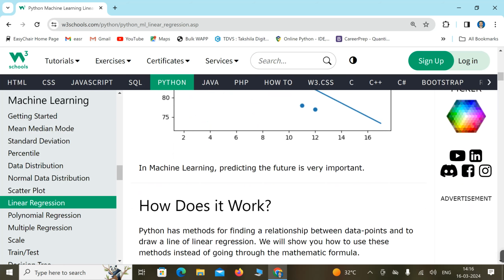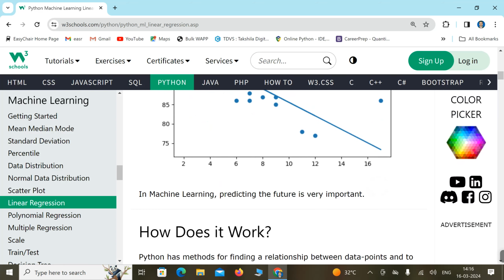So why is this used in Python? In machine learning, this could be one of the tools for predicting the future. Machine learning tools are always used for applications which include future prediction.